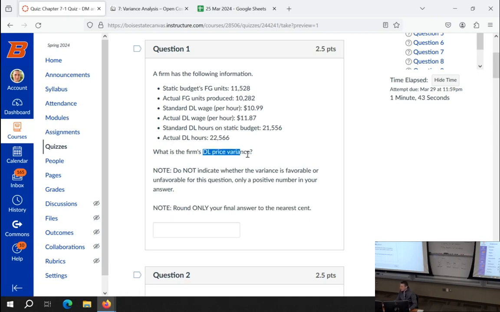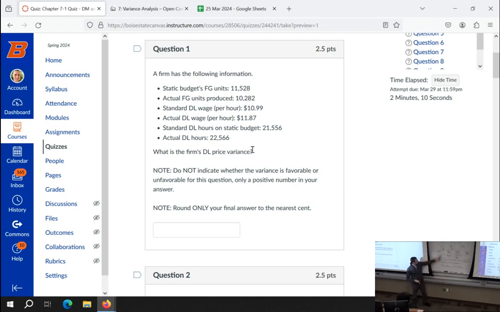All right, so we're looking for the direct labor price variance. Well, I can figure that two ways. I can either say direct labor price variance is actuals minus quasi-budget, or AQ times AP minus AQ times SP. That's the full equation. I can also use the algebraically rearranged equation, which says (AP minus SP) times AQ.